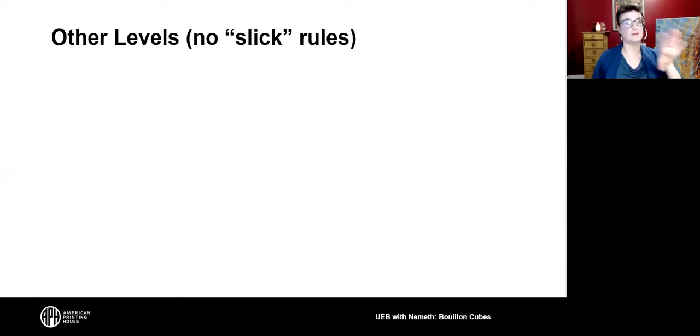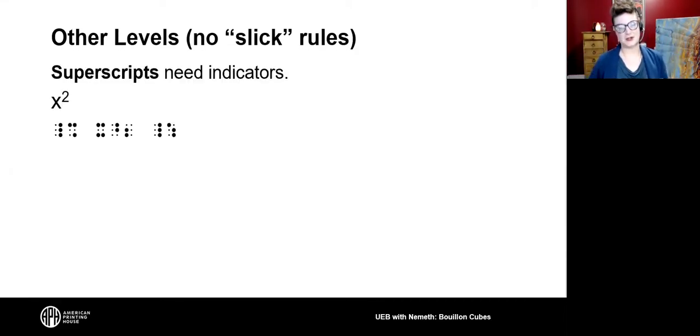Before I just leave subscripts being so slick, I want to make sure we note that outside of simple numeric right subscripts, we still need indicators. If something is in a superscript position, like the very first example that we looked at in pasta, we need an indicator. The superscript indicator in Nemeth Code is dot 4, 5.